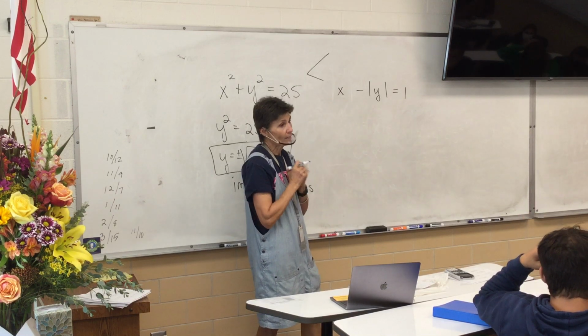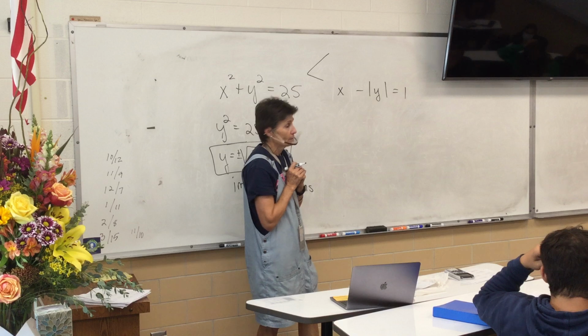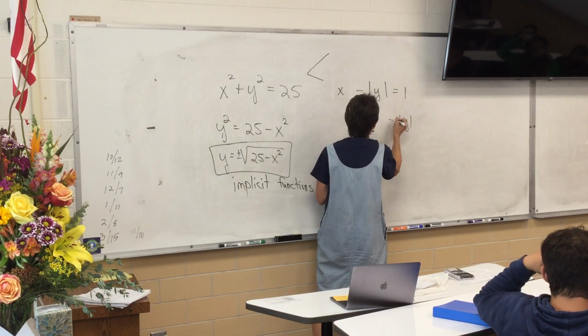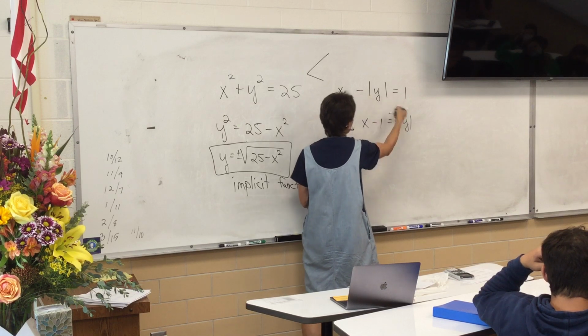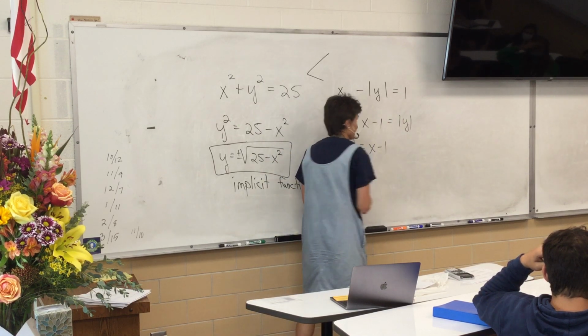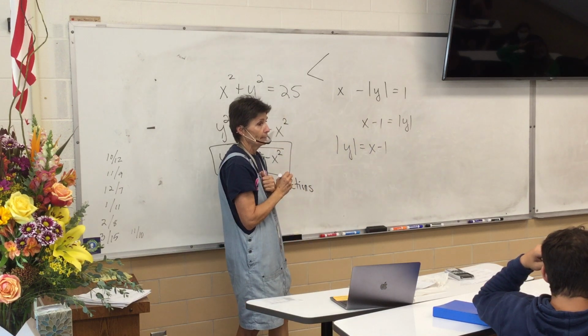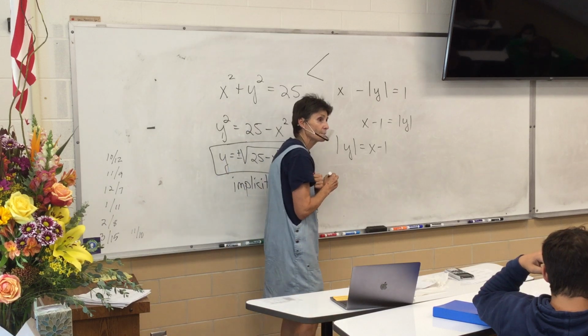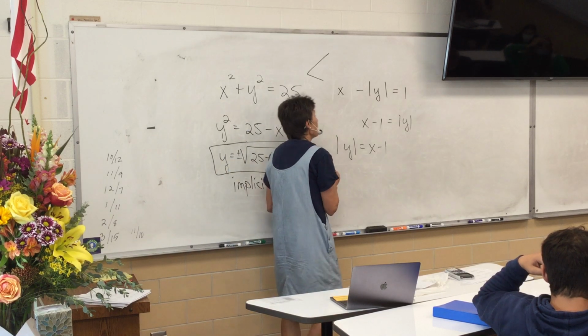All right, here we go. Would you agree that the absolute value of y equals x minus 1? Does that rearrangement look okay? What am I going to do with that? You have to make two equations, one as a negative y, one as a y.